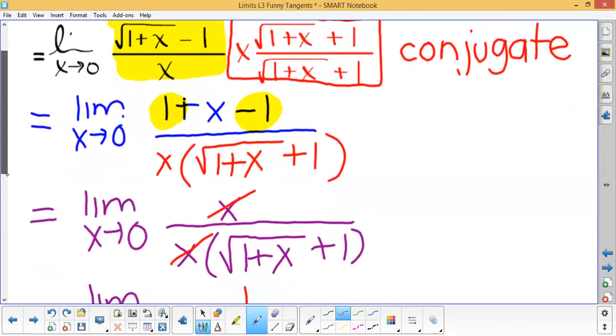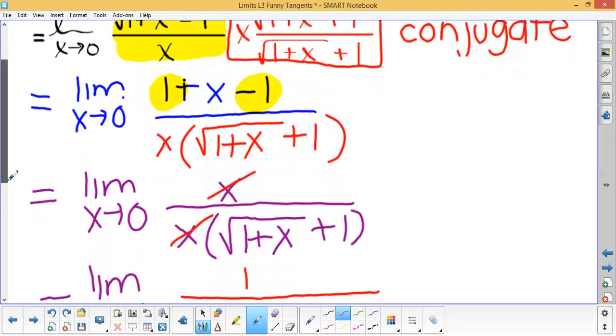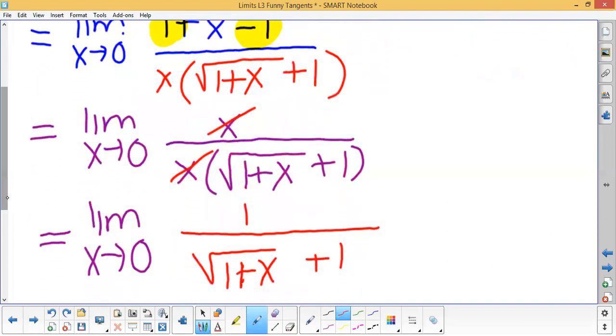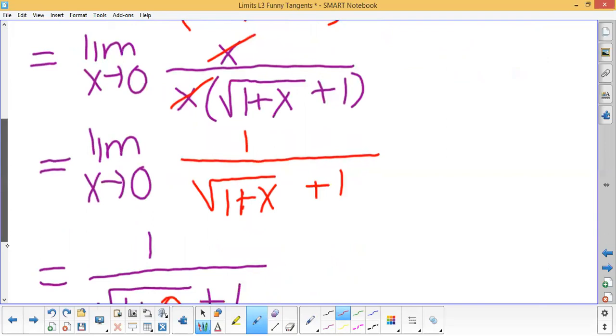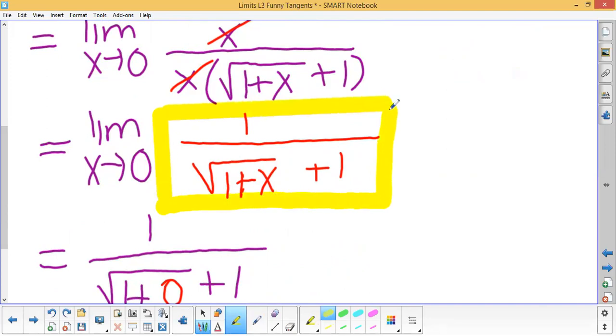I have a complicated denominator, but by leaving the denominator in factored form, the x in the numerator cancels out with the x in the denominator. And I'm not going to be worried about my complicated denominator because at this point, once I'm completely simplified, I can simply substitute 0 in for x.